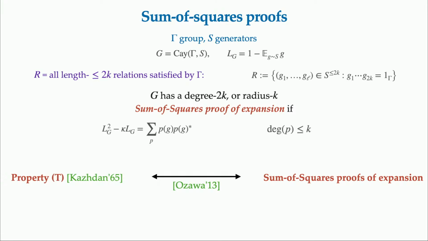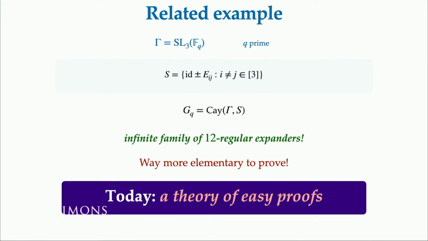Okay, so now I want to go back to this particular example that I had promised I would say something about, this 12-regular graph over SL3. Unlike the previous examples I showed you, like the random group example, where we know it's an infinite group but we don't know finite quotients, here the finite quotients are actually readily available.